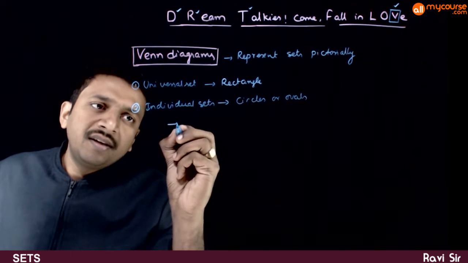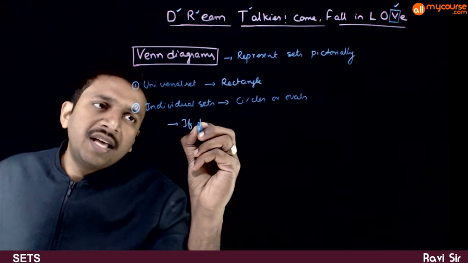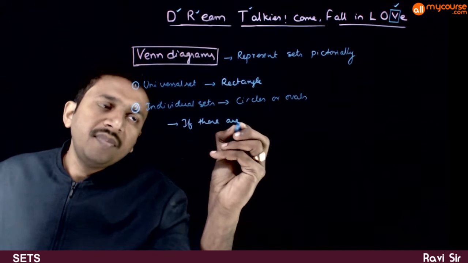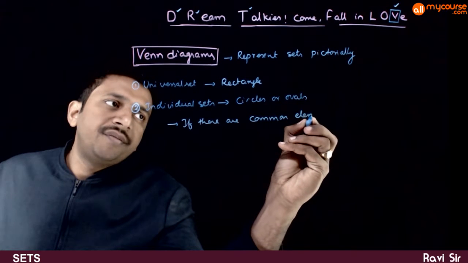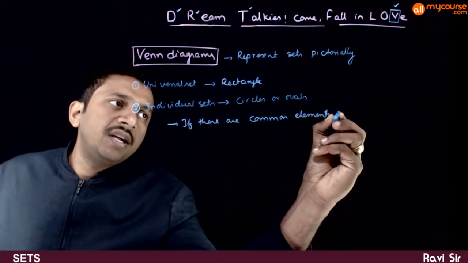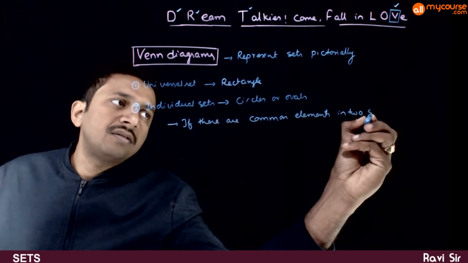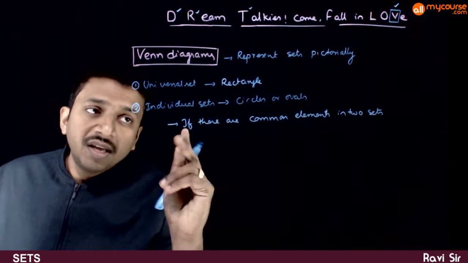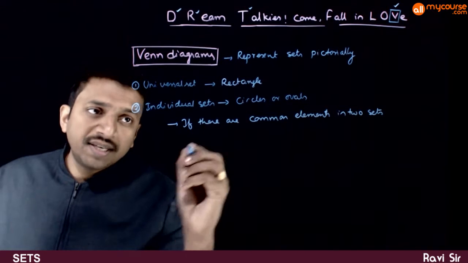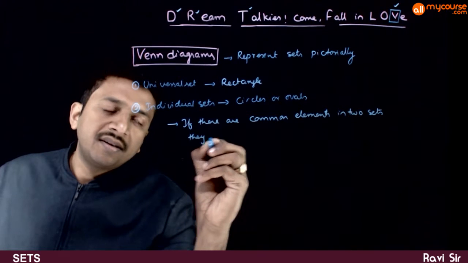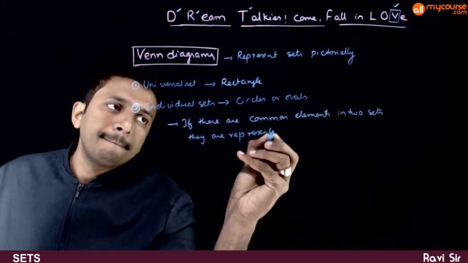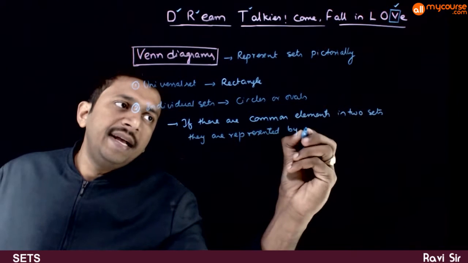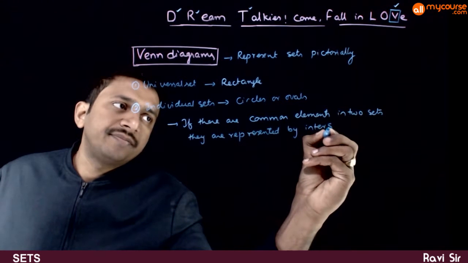And if there are common elements in two sets, they are represented by intersecting circles.